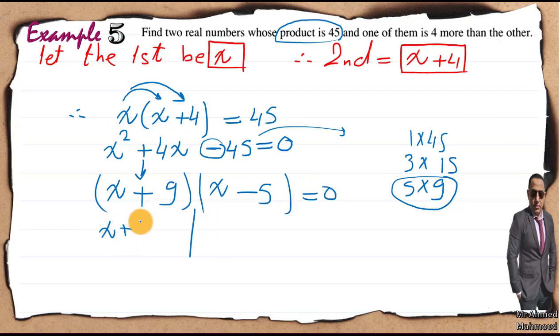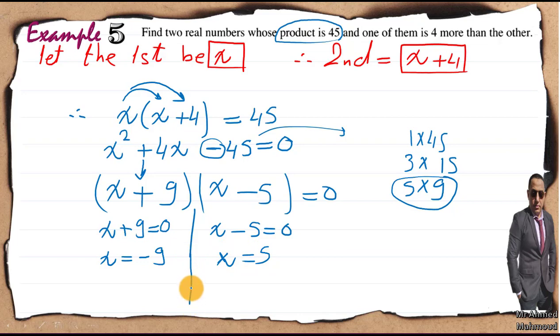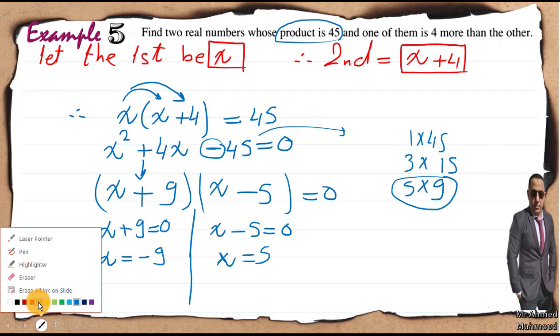X plus 9 equals 0 and x minus 5 equals 0. So x equals negative 9 and x equals positive 5. Okay, now I have two different situations. What are the two different situations?